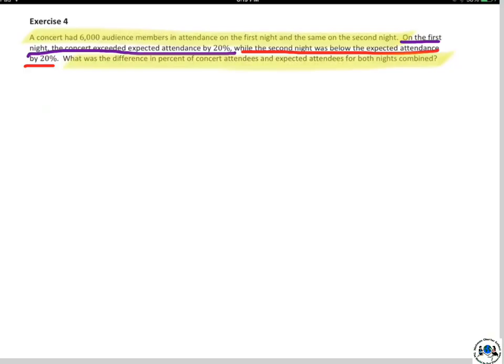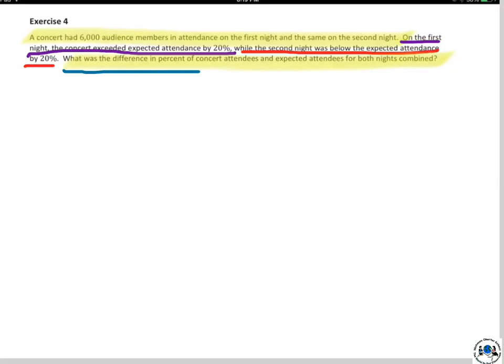So our overall answer, or the final answer we want to get is, we're trying to figure out what was the difference in percent of concert attendees and expected attendees for both nights combined. And that is a mouthful, okay?